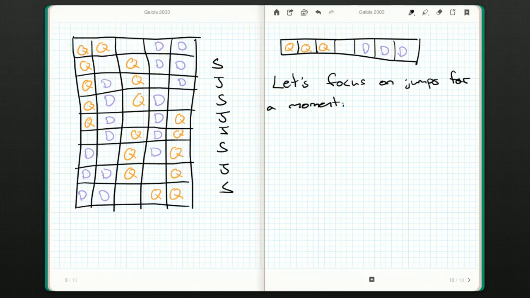So let's just focus on the jumps, just for a moment. So this first quarter here, he needs to end up over here. And to do that, he can't shift all the way there, because there are dimes in the way, and there will always be dimes in his way. But eventually he's going to need to jump over this dime, and then this dime, and then this dime.